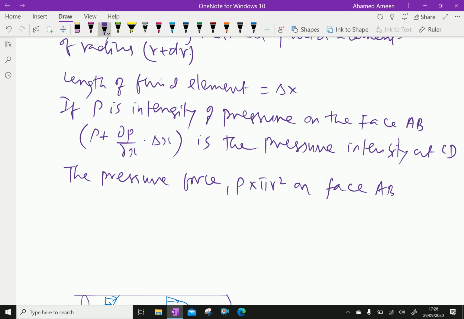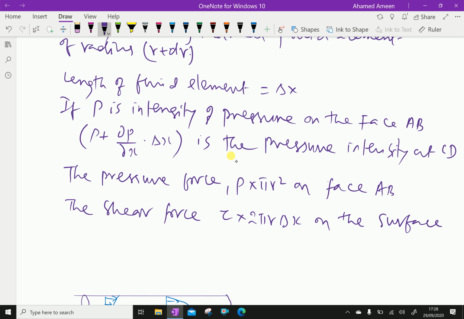The third one is the shear force, that is tau into 2 pi r dx, acting through the circumference on the surface of the fluid. These are the three forces acting on the flowing liquid.